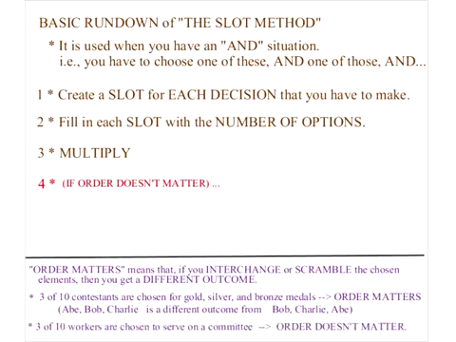Because if you choose a committee of Abe, Bob, and Charlie, that is the same outcome this time as Bob, Charlie, and Abe, and any other scramble that you might want to make. So if I scramble the committee, it's still the same committee. If I scramble the people that win these medals, then I have different people winning different medals, and it's no longer the same. So, smiley faces if that makes sense.